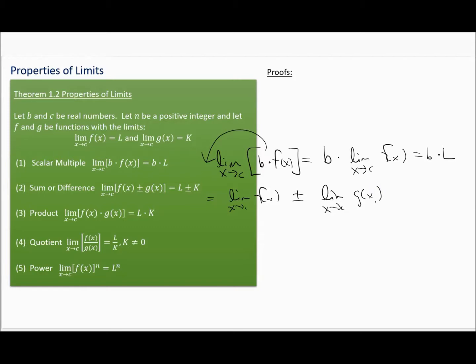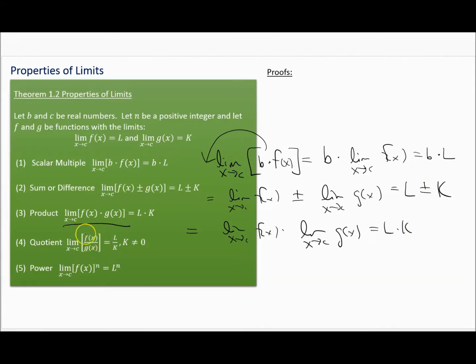You can do the same thing with the product. This is number 3. If you have this statement, you can write that as the limit as x goes to c of f of x times the limit as x goes to c of g of x, which would just equal L times k, just like this one would equal L plus or minus k.